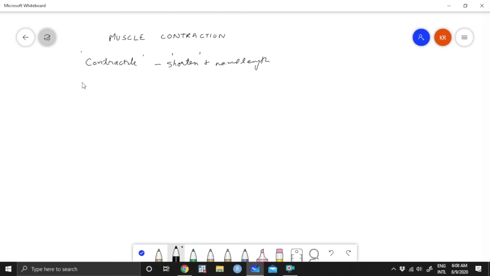Now, you may have learnt in the earlier classes that we have got one type of muscle called smooth muscle, another type of muscle called cardiac muscle, and another type of muscle called voluntary muscle.